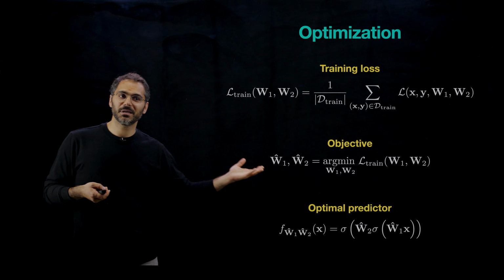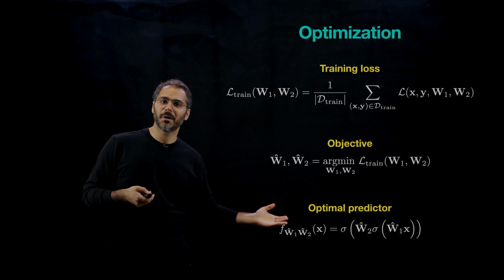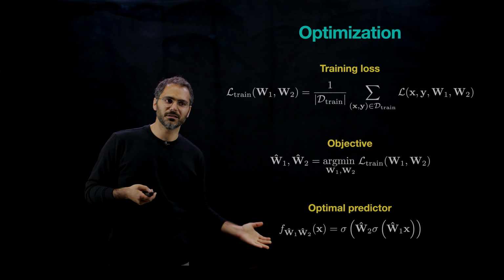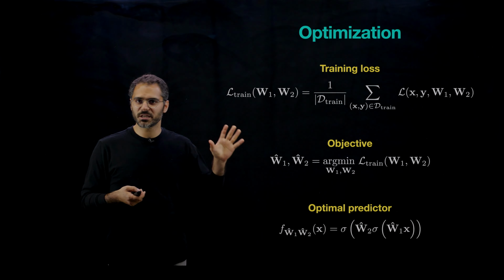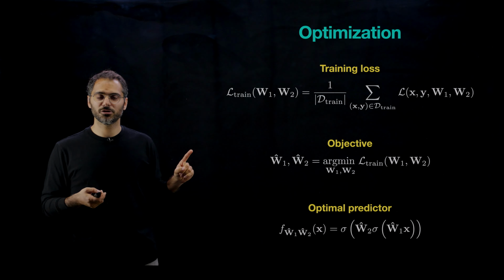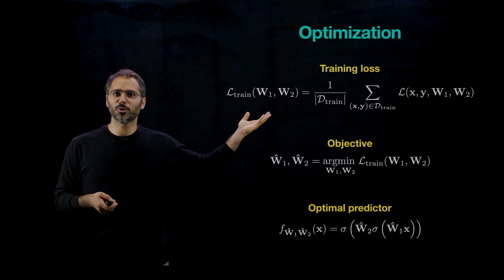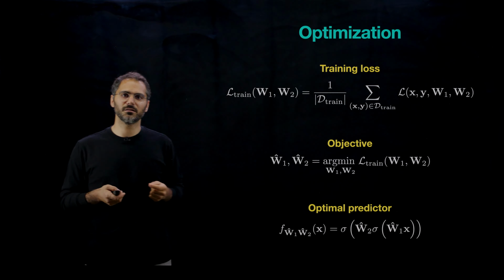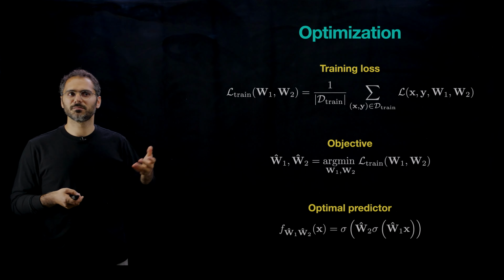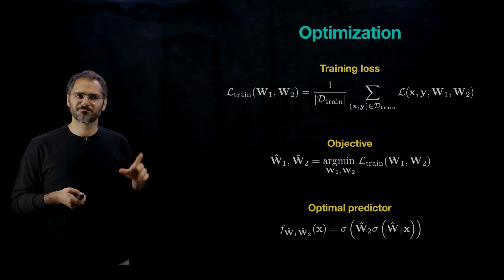And once we get our best weights, W1 hat and W2 hat, we plug them back into the optimal predictor, and we get this predictor f of W1 hat, W2 hat. Of course, here I'm assuming that we have one hidden layer. In the case where we have many hidden layers, you can imagine we have many more of these matrices, W1 and W2. It will be Wn, where n is 1 plus the number of hidden layers, something like that. Correct me if I'm wrong.